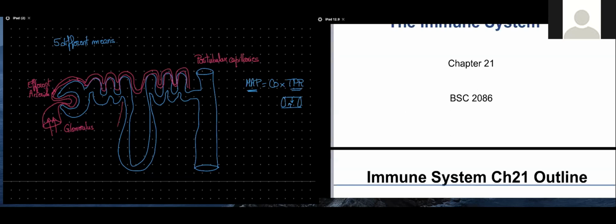Remember, we did have another tuft of capillaries, which is straight vessels surrounding the loop of Henle. This is called my vasa recta.